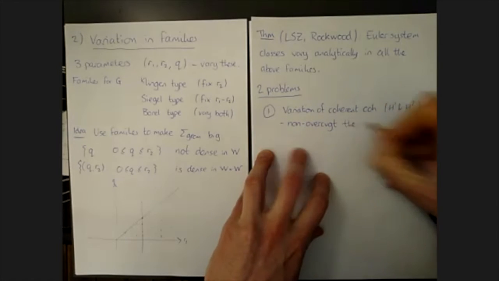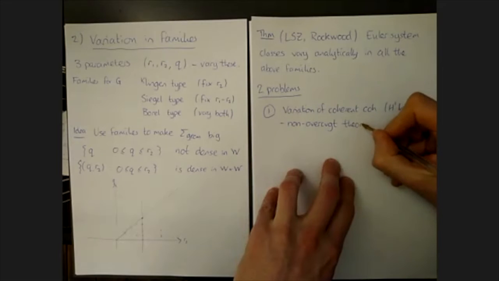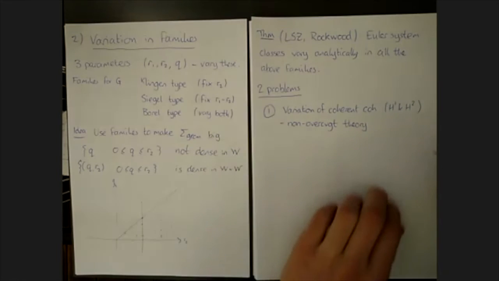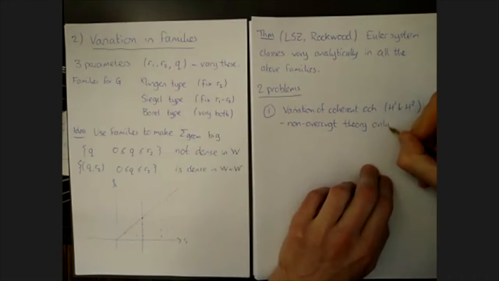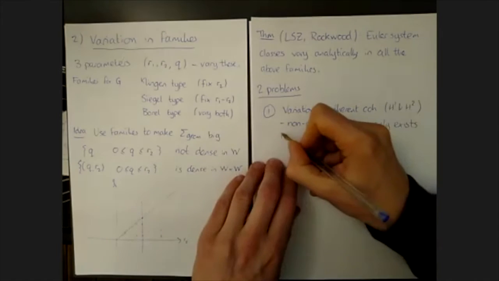And the non-overconvergent version of the theory, so this is higher Hida, not higher Coleman theory, only exists in Klingon families.